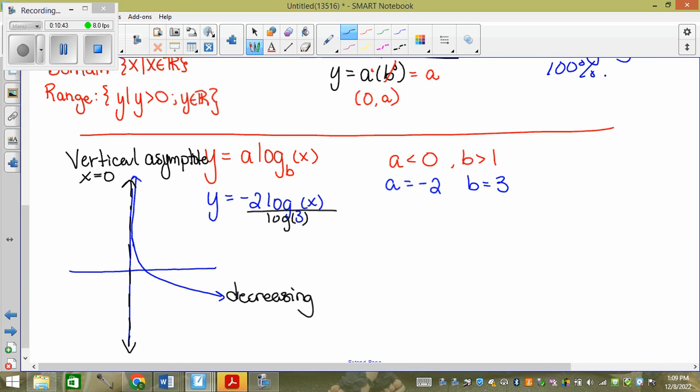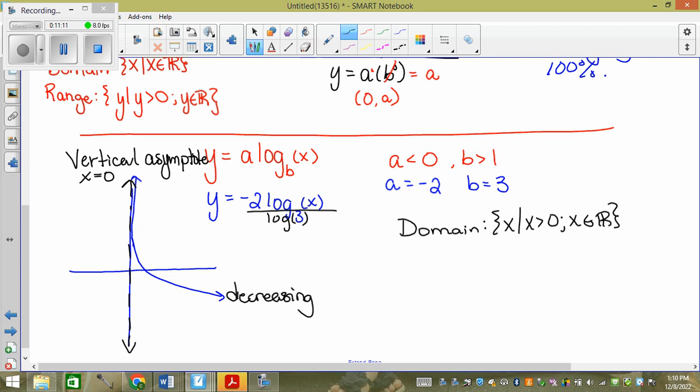What's our domain? Yeah, x such that x is greater than 0. The only one that, when not a word problem, isn't x is an element of the reals. Linear is all reals, quadratic is all reals, cubic is all reals, sinusoidal is all reals, exponential is all reals. Logs are not. Because the only part of the graph that exists on this calculator right now is greater than 0.